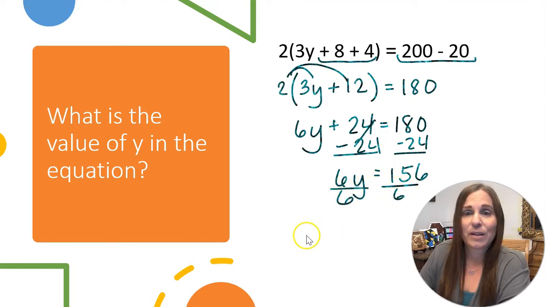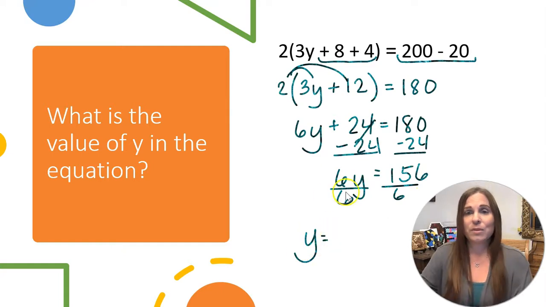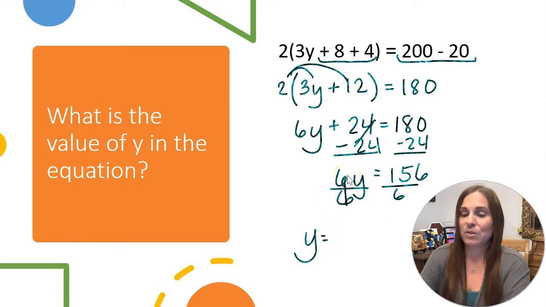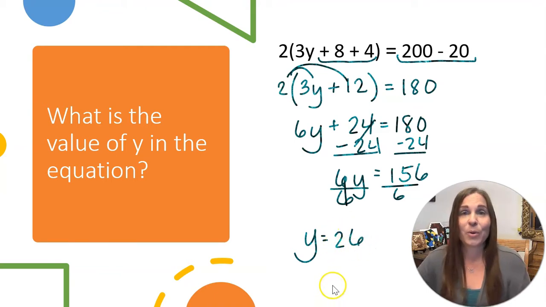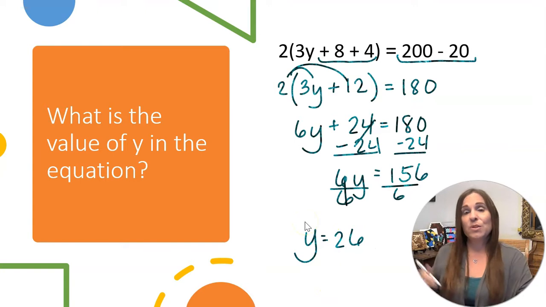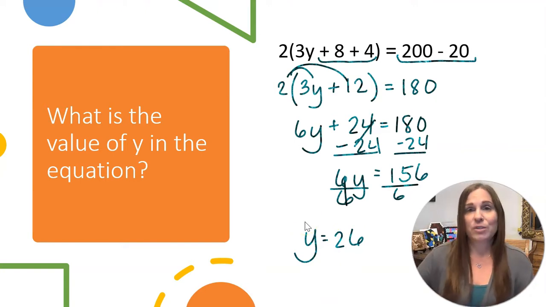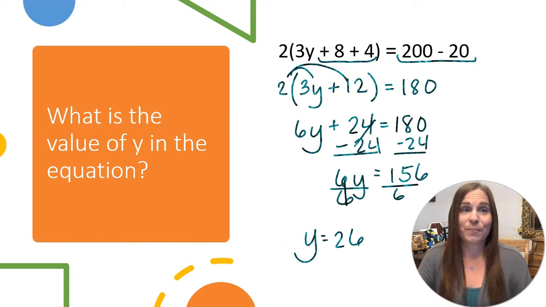And I end up with y equals, I'm going to do this on the calculator because I don't actually know what that is. 156 divided by 6 is 26. Okay, so we combined like terms, we used the distributive property, and then we started using inverse operations to solve.